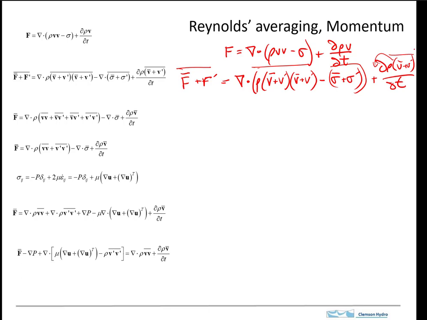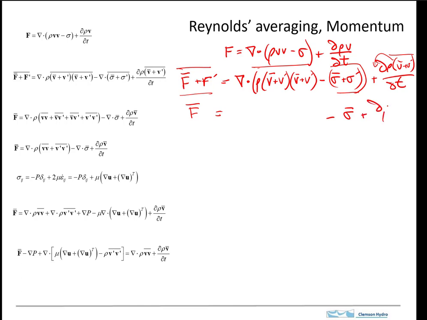Now we apply the averaging rules, the same averaging rules that we saw last time. This is just going to give us the average body force. And this here is just going to give us the average stress.